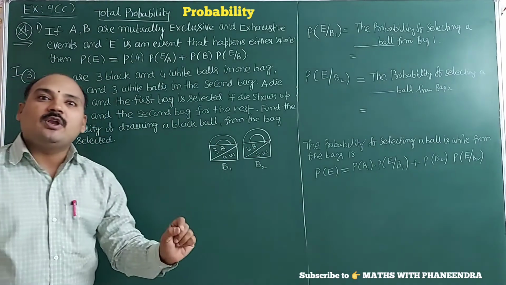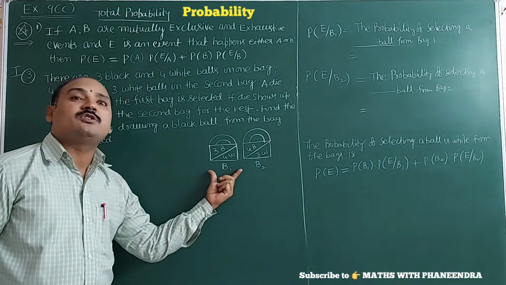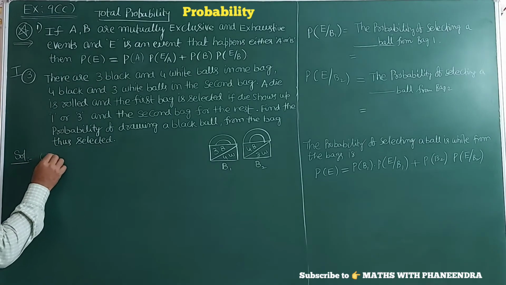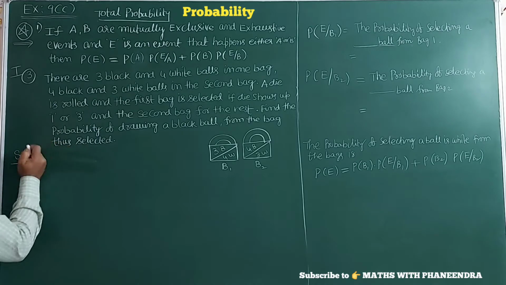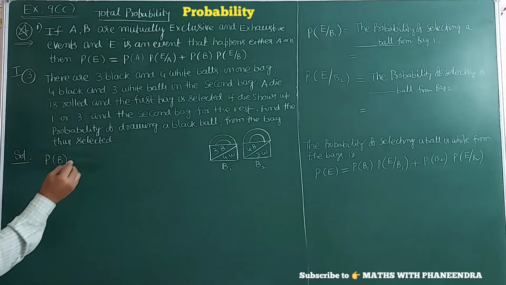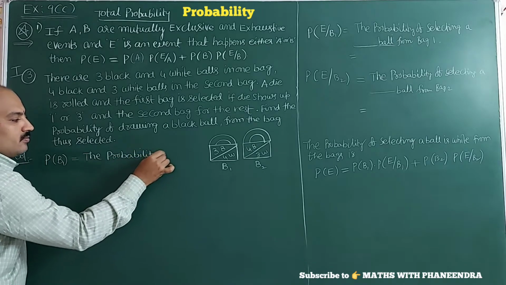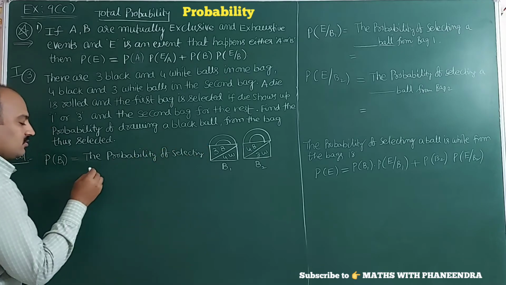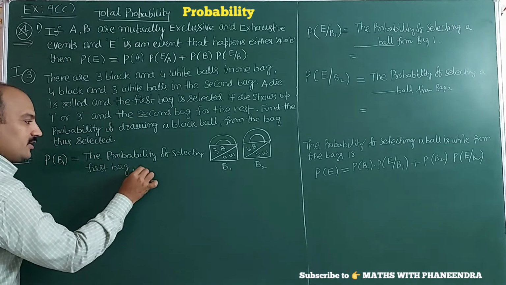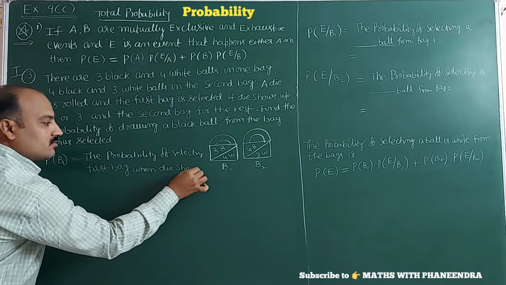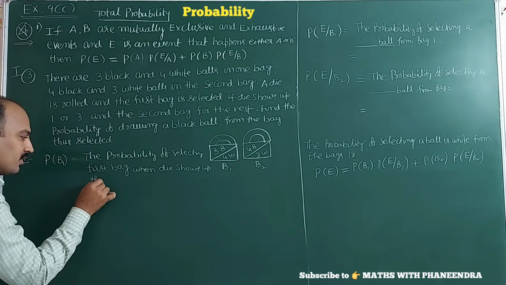That means the probability of selecting the first bag, that is P of B1, is equal to the probability of selecting the first bag when the die shows up either 1 or 3.